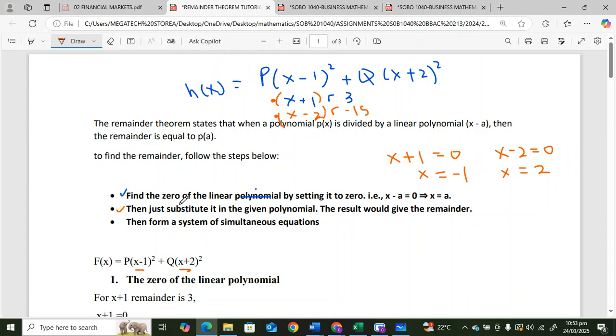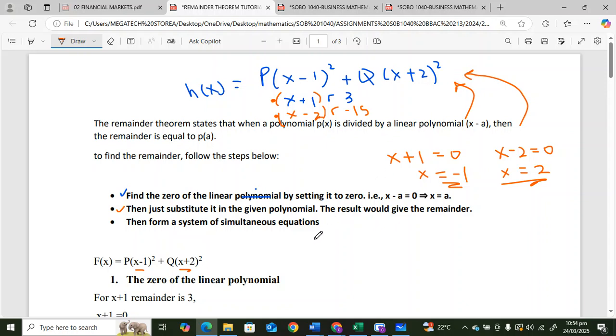Step 2, substitute these values, x equals negative 1 and x equals 2, into the original polynomial, each at their own time. And then equate the polynomial to the remainder.